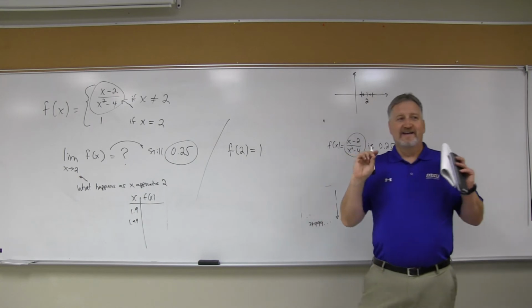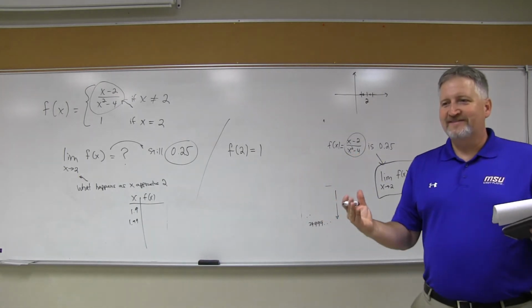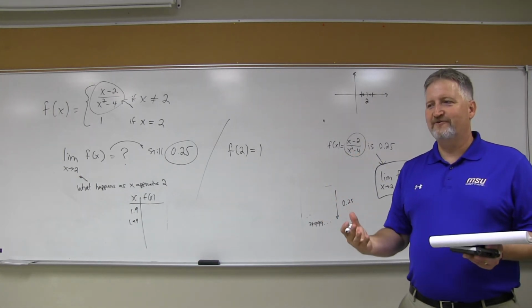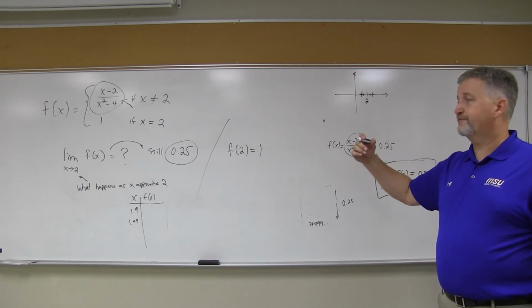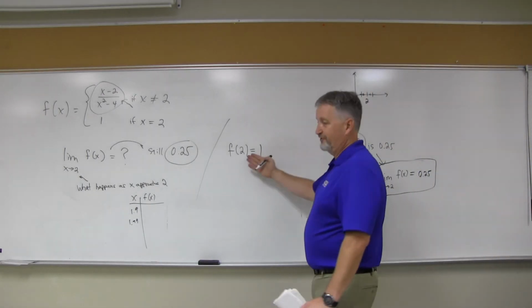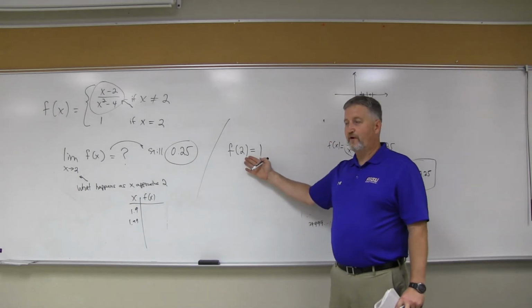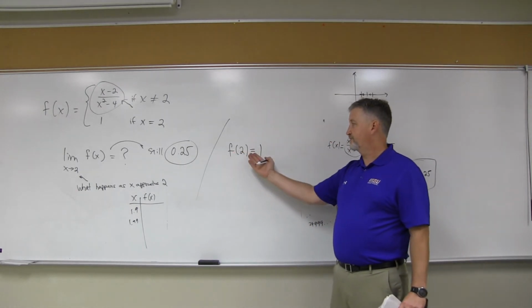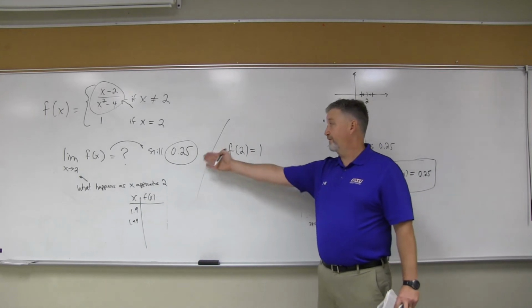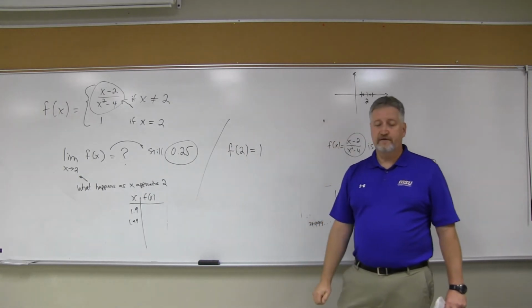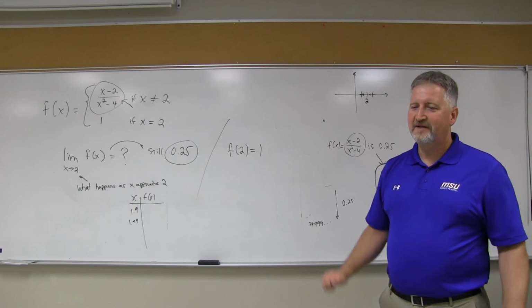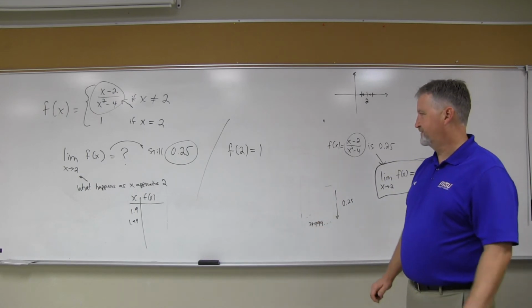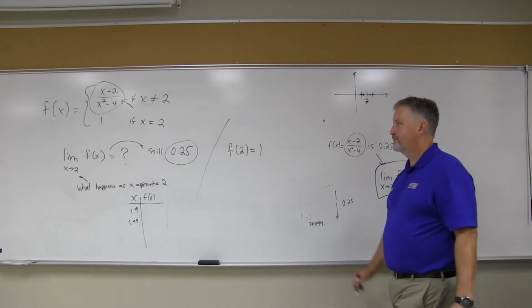So, it's kind of weird, but a lot of times your function value at 2, or wherever x is approaching, may not match up with the actual limit. It takes a little getting used to. Okay? So yeah, those two are separate.